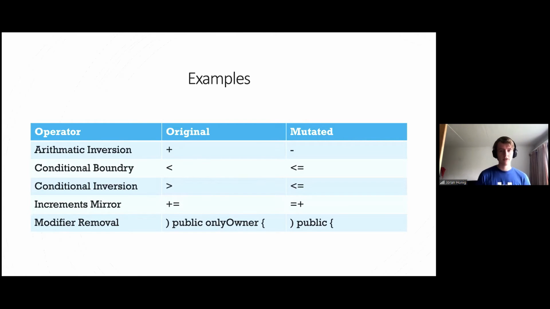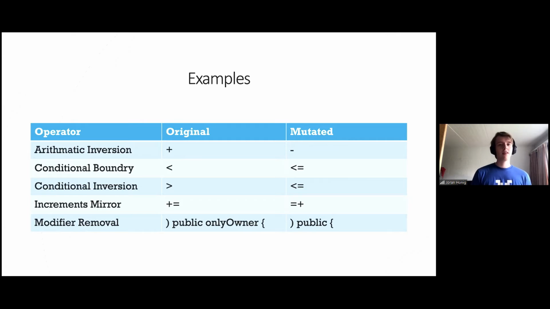So here we have some examples of the mutation operator mutation rules. The arithmetic inversion changes addition operators into subtraction operators, and it's mostly pretty straightforward. I personally really like the modifier removal mutation operator, which basically looks at functions, sees if they have a modifier, and then experimentally removes them to create this mutant.